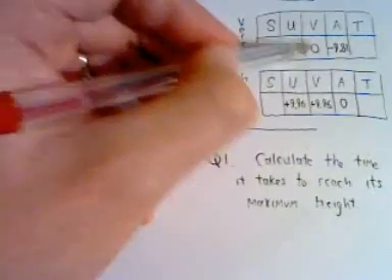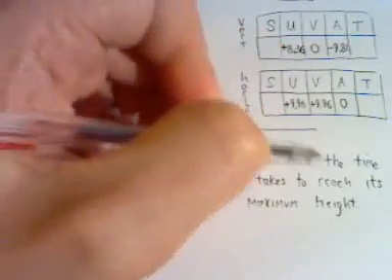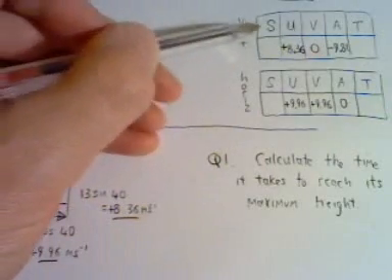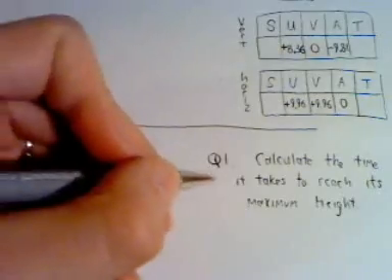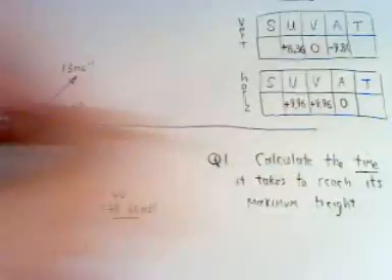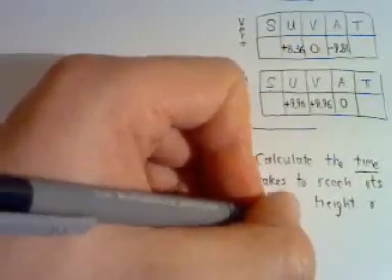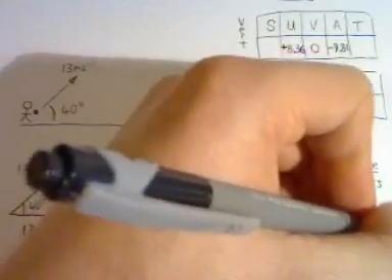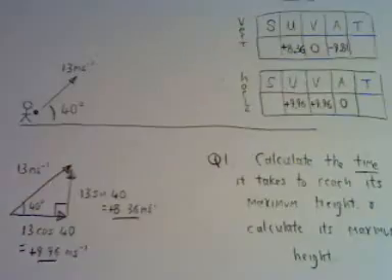And now we have 3 bits of information in our grid, so we could calculate t, which is what we're being asked to calculate, the time it takes to reach its maximum height, and we can also calculate the vertical displacement, which will give us the maximum height. So let's expand question 1: calculate the time it takes to reach its maximum height, and let's also calculate its maximum height too.